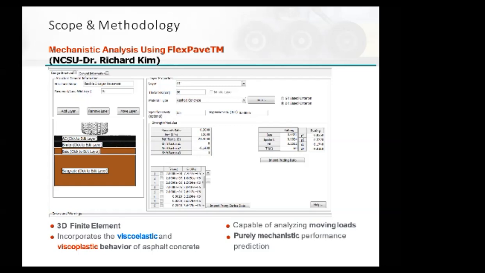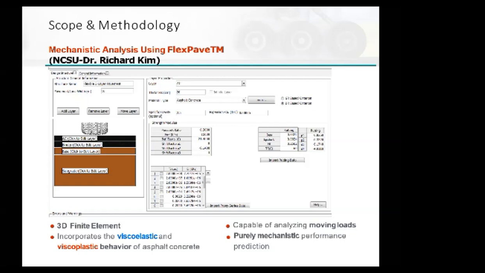It incorporates linear viscoelastic and viscoelastic continuum damage models, and it incorporates viscoplastic models, the shift model, to characterize the accurate behavior of asphalt concrete in its linear range and in non-linear range, both at low temperatures where you might have cracking and high temperature where you may have rutting.